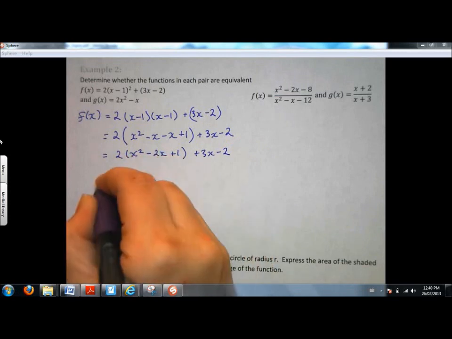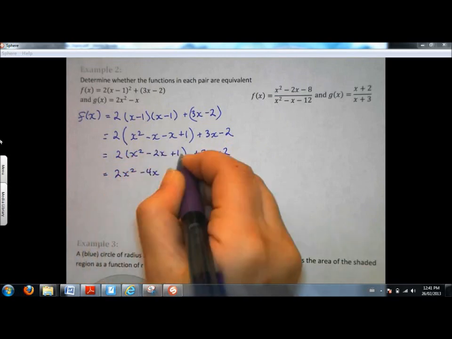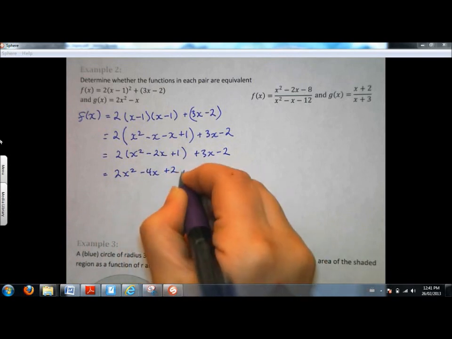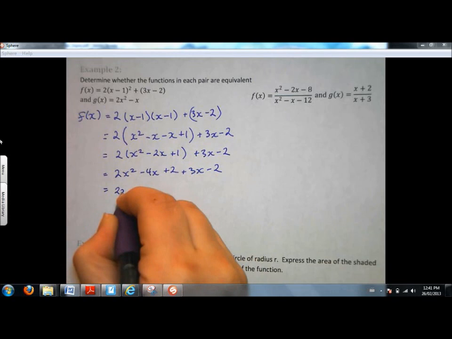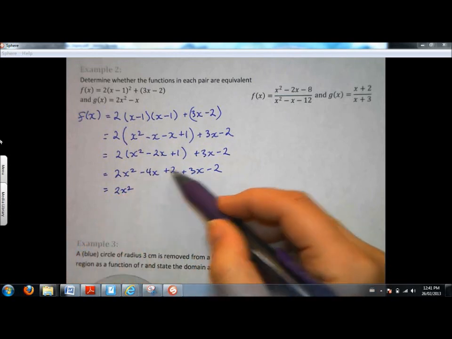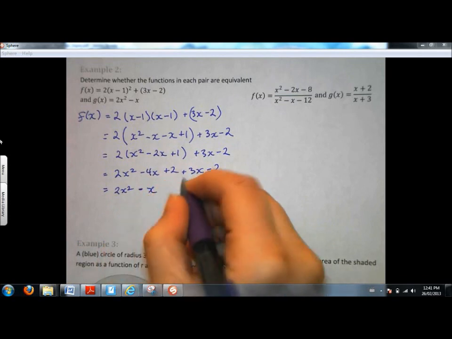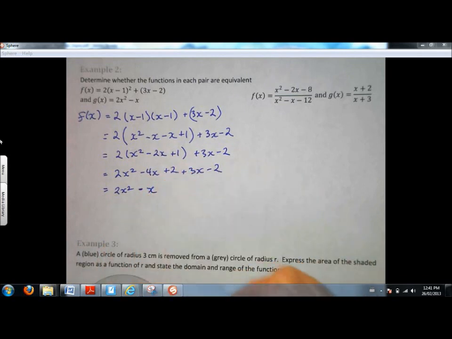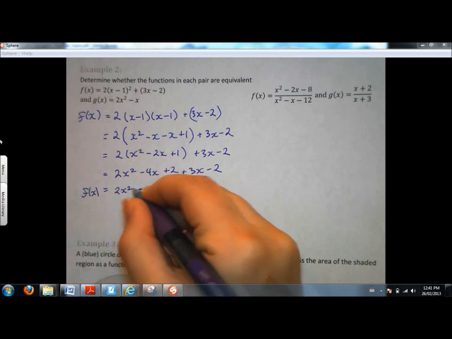Let's distribute the 2. 2x squared minus 4x plus 2 plus 3x minus 2. All right, 2x squared, negative 4 plus 3 is minus x. 2 minus 2 is 0. F of x is 2x squared minus x.